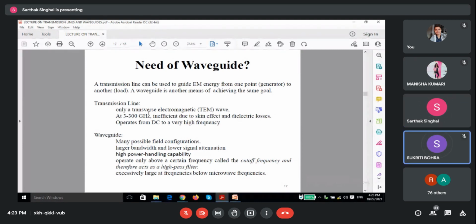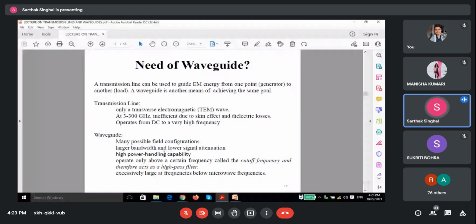But in case of waveguide, you can have the TE mode, that is transverse electric mode, and the transverse magnetic mode, and both the modes are possible. In addition, further configurations are also possible.